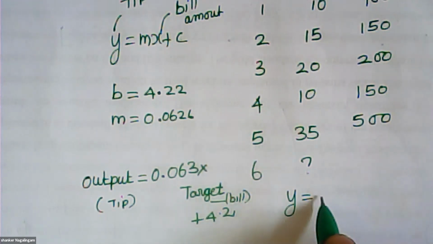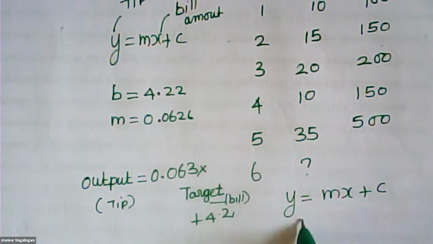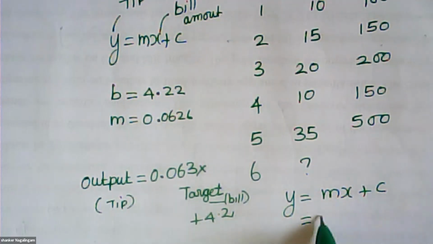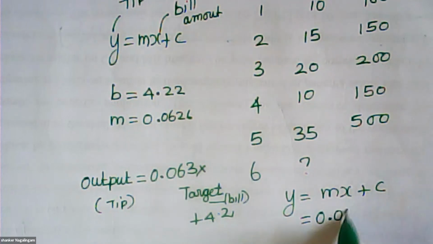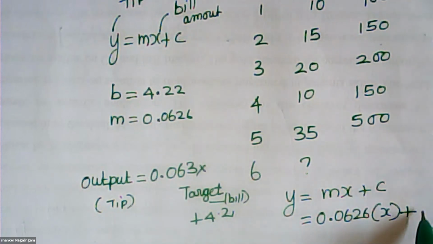From the coding, I get y is equal to mx plus c. So the equation is m is 0.0626 into x plus c. That c value is 4. Here c is represented as the b value. It is 4.22.